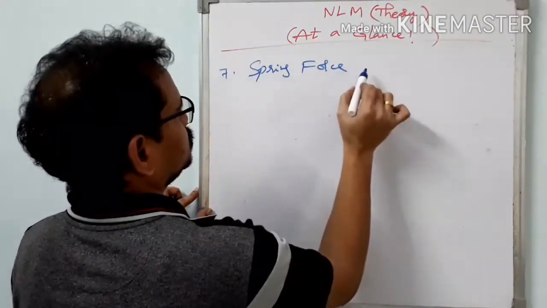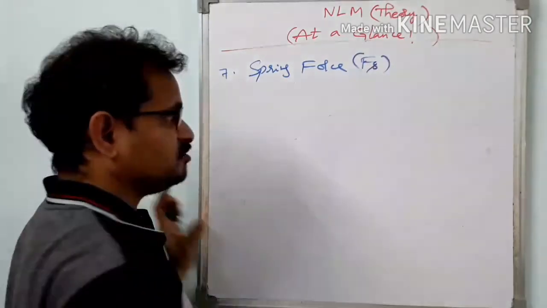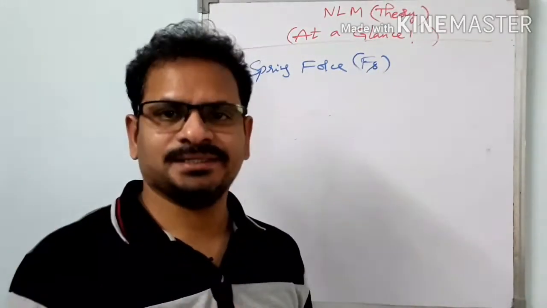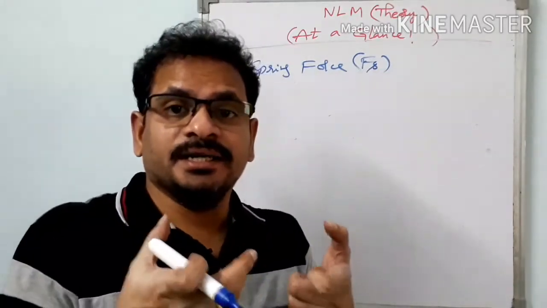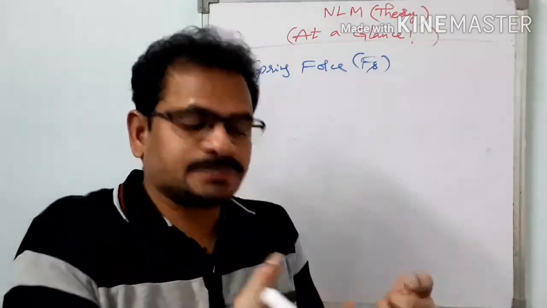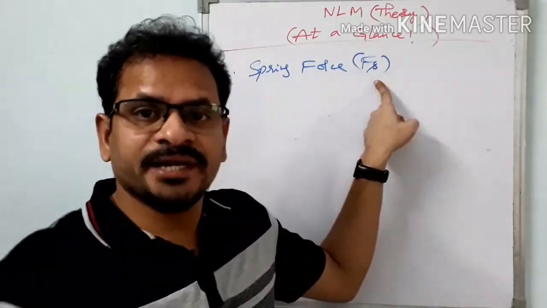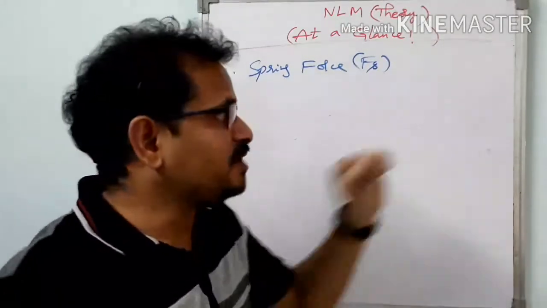Spring force, it is Fs. Spring force is a force that comes into existence in springs, not when they are in their original length, but when they are deformed from their original length. That is, when a spring is stretched, we find spring force coming into existence within the spring. When the spring is compressed, then also we find this force.